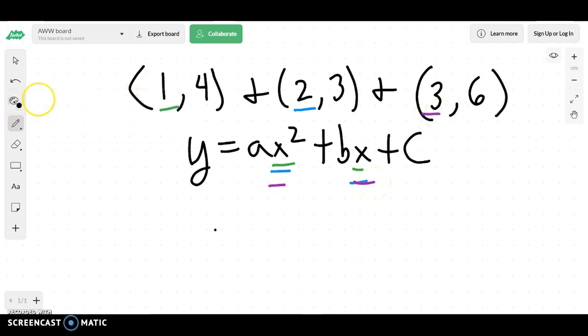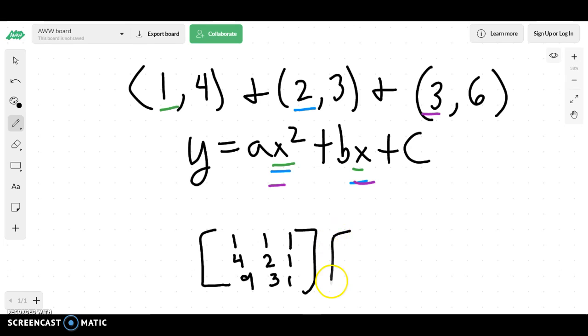So when we do this, we could really make a matrix that is 1, 1, 1, 4, 2, 1, and 9, 3, 1, because 2 squared is 4 and 3 squared is 9.